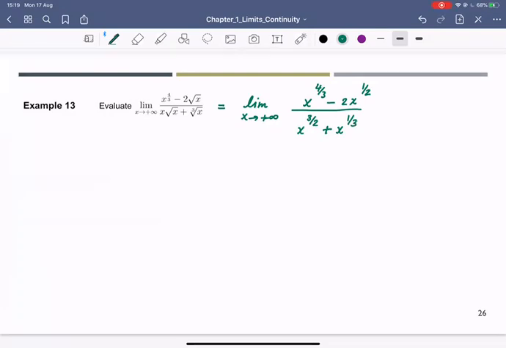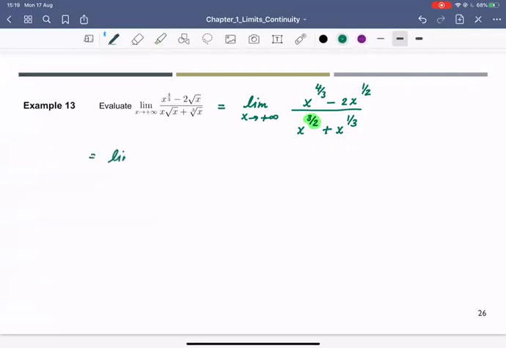You just need to find the term with the highest degree. So 4/3, 1/2, 3/2, and 1/3. It seems like the biggest one is 3/2. So that means I am going to divide everything by x to the 3/2.